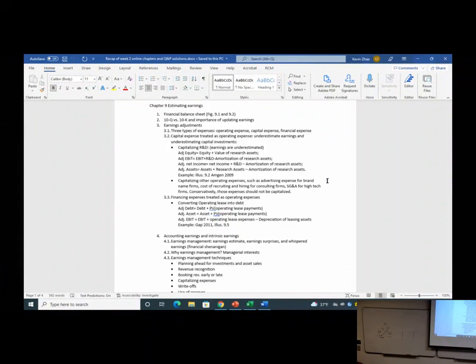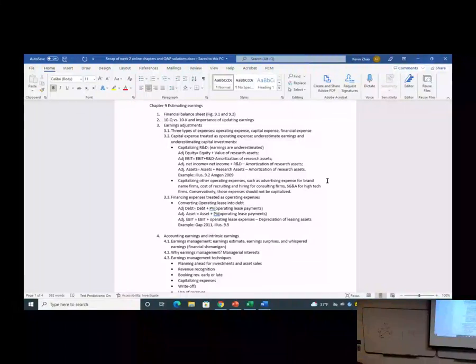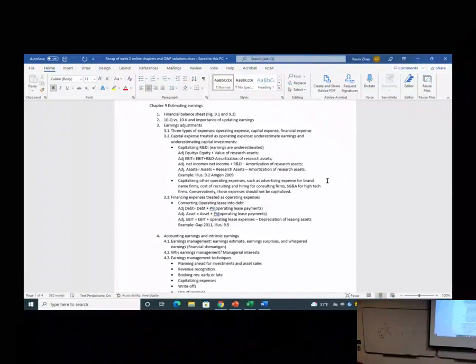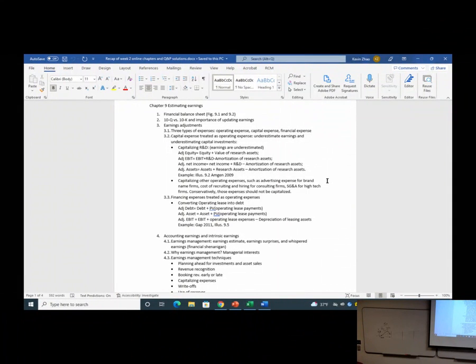How? First of all, we need to figure out the assets of R&D. And the second, we need to make an adjustment on earnings. That's the income statement item. And the third one, we need to make an adjustment on the balance sheet, which is the assets. Right?